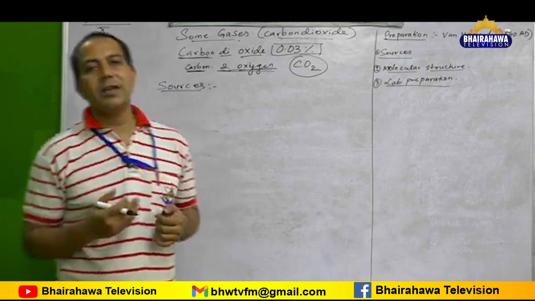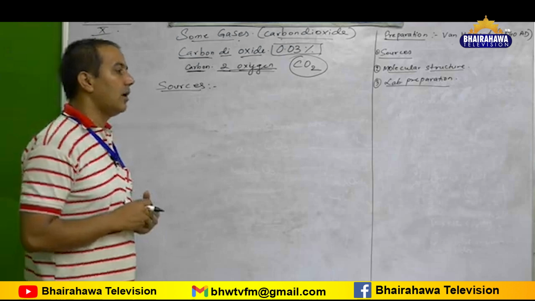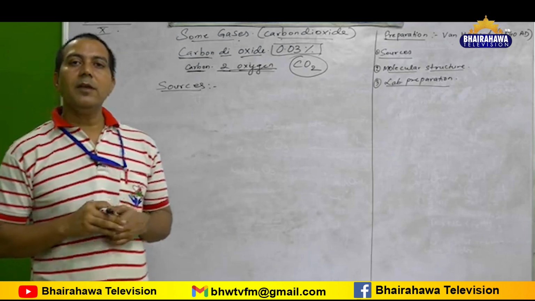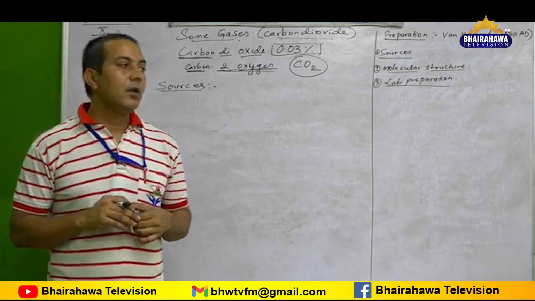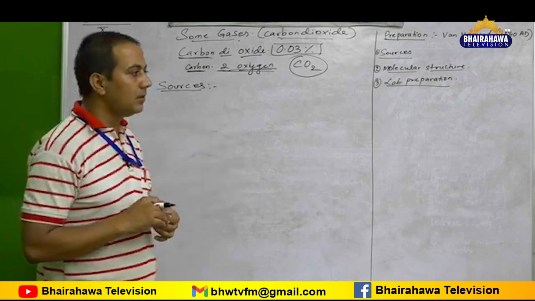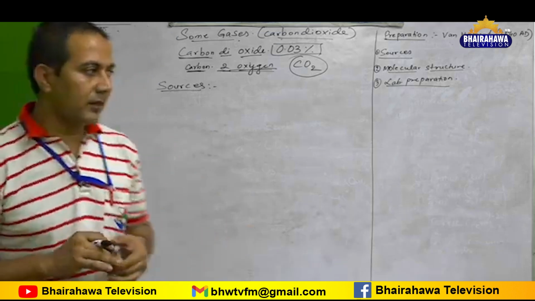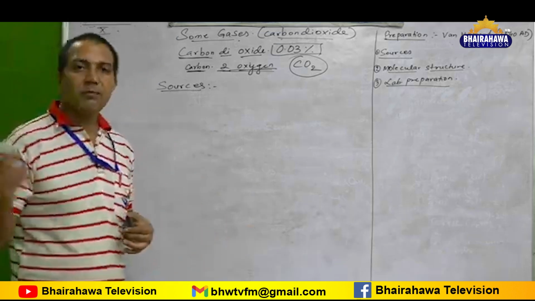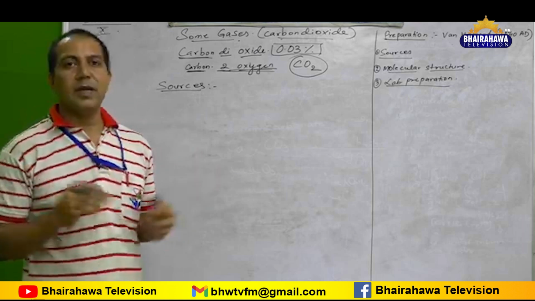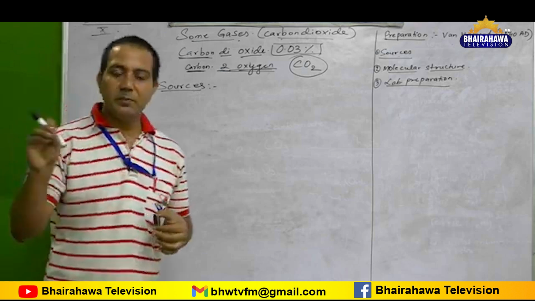The first one is when we burn domestic products, or we burn many living things, then what happens? You find smoke coming out while burning plastic or wood or any other things. Plastic is made up of carbon, isn't it? Wood is also made up of carbon, because they are organic compounds. Carbon is present there.